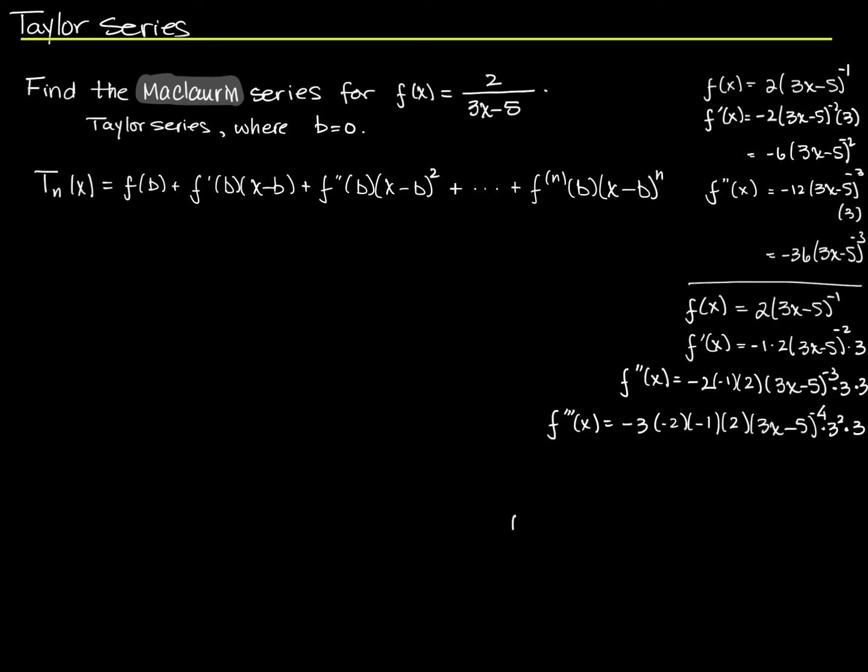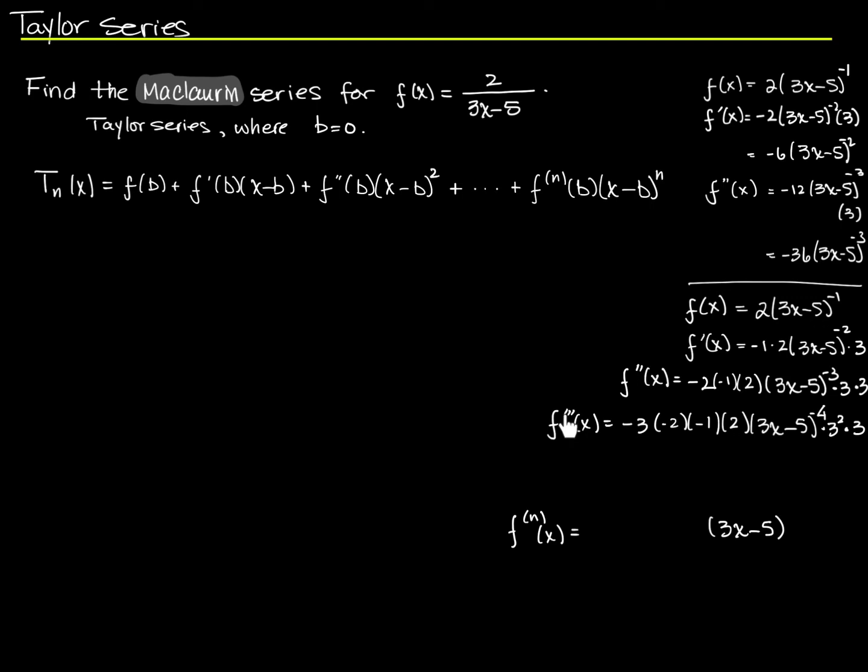So let's try to build the nth derivative of x based on what we know about the first, second, and third derivatives. The first and most obvious thing to me is that there's always a 3x minus 5 to some power. And that power, in this case it's minus 4, minus 3, minus 2, is numerically always one more than the number of derivative that we're on.